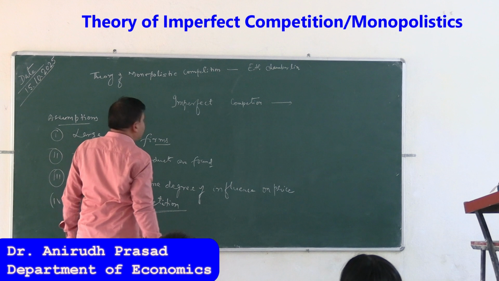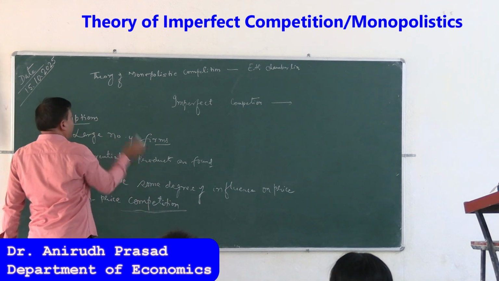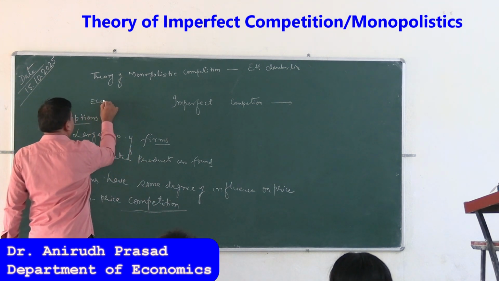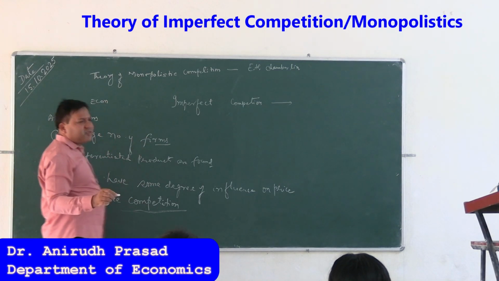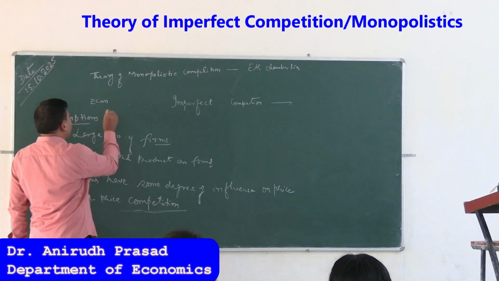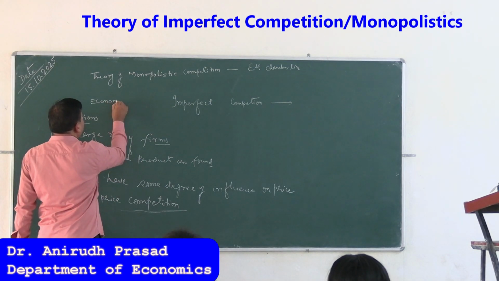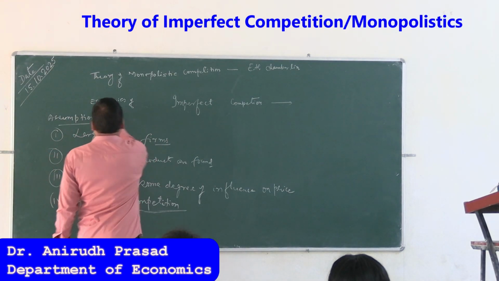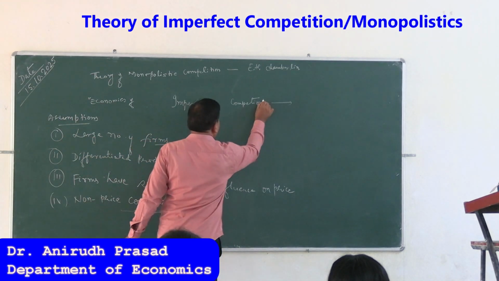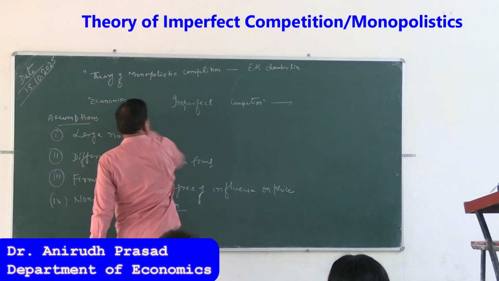Similarly, at the same time, one more article was written by Mrs. John Robinson, named Economics of Imperfect Competition.